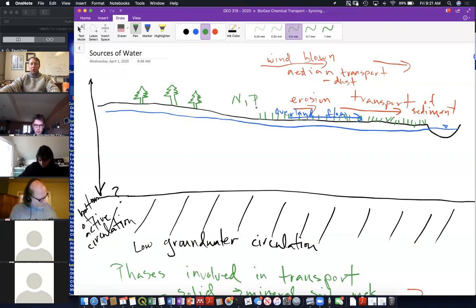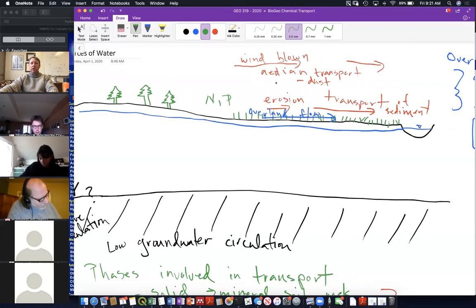But for the most part, it's the only way we transport phosphorus. Okay, so we've covered pretty much most of the way that phosphorus gets transported and most of the way that we're going to transport things in the atmosphere.